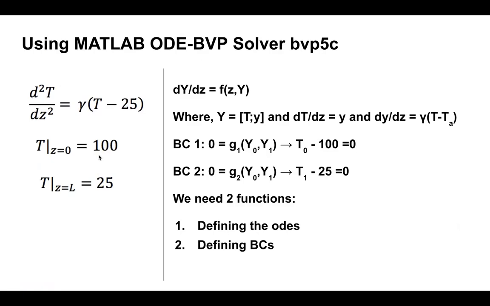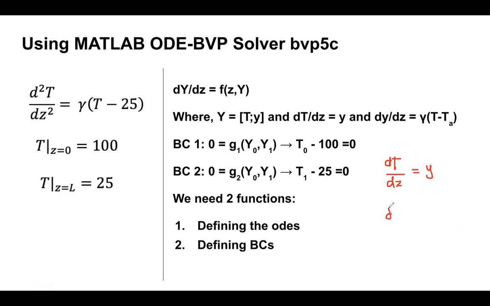Now what you have to do is convert this part, that is d square T by dz square, into two ODEs. How do you do that? This is what we do. I've already explained it in one of the previous sessions, but I'll do it once more. We just say dT by dz is equal to a new variable y. I'm calling this a new variable y. Now I take a derivative on both sides, both on the RHS and the LHS.